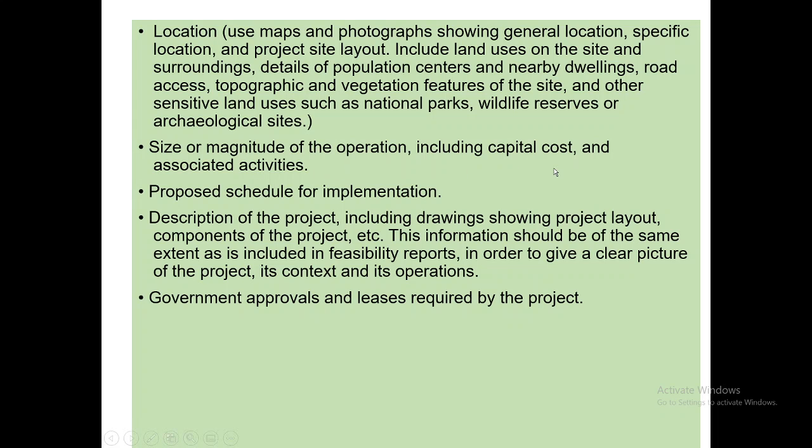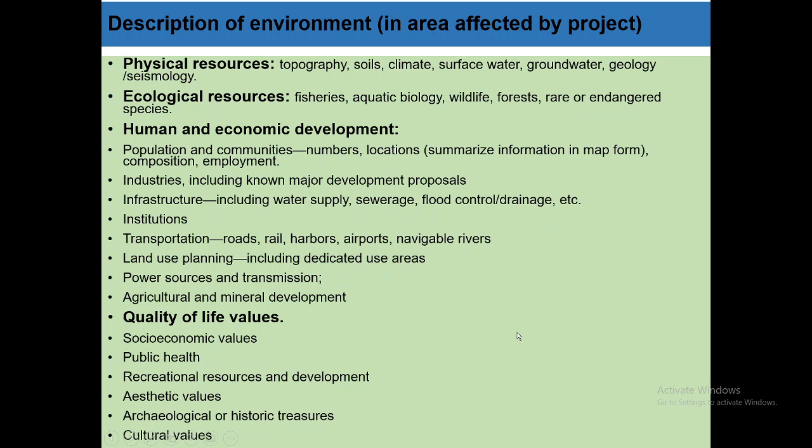Size or magnitude of the operation are important, and then proposed schedule for implementation, then the drawings are important. All these things are to be submitted. Also, here you can see that what kind of description we are supposed to provide.